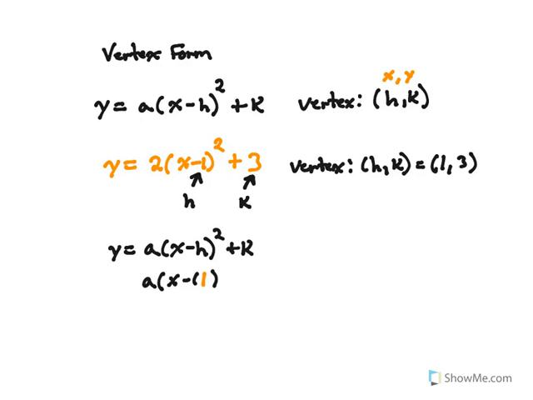And of course k is still going to be 3. Let me place the 2 with the a, because my original problem was 2 in parentheses x minus 1, so we're going to put that there.